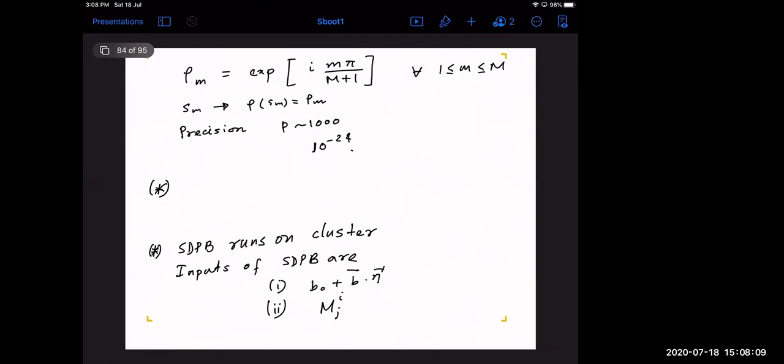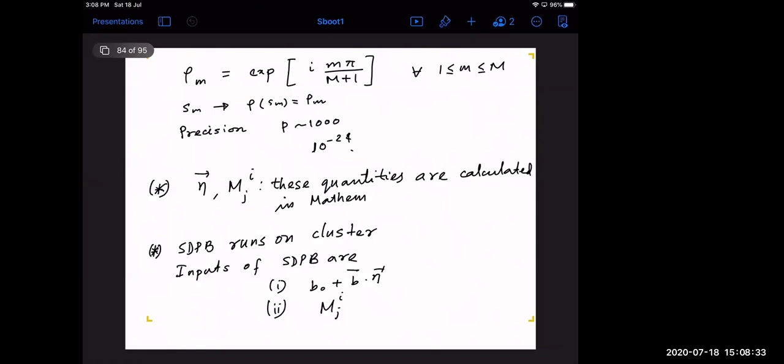On the other hand, these vectors, for example these eta and mji, these quantities are calculated in a Mathematica interface.